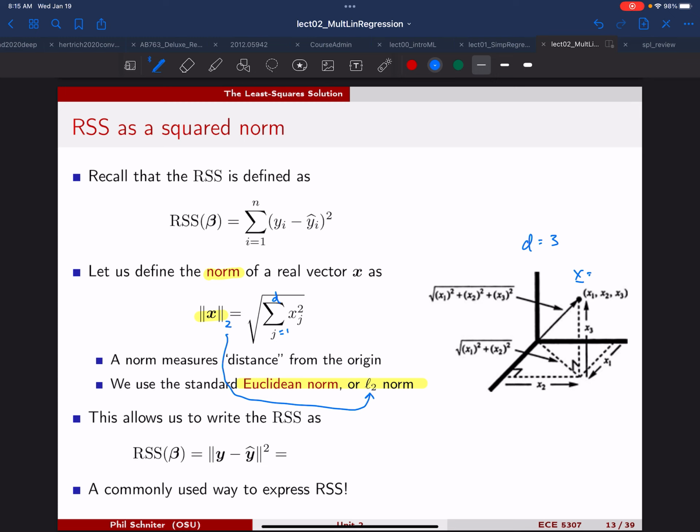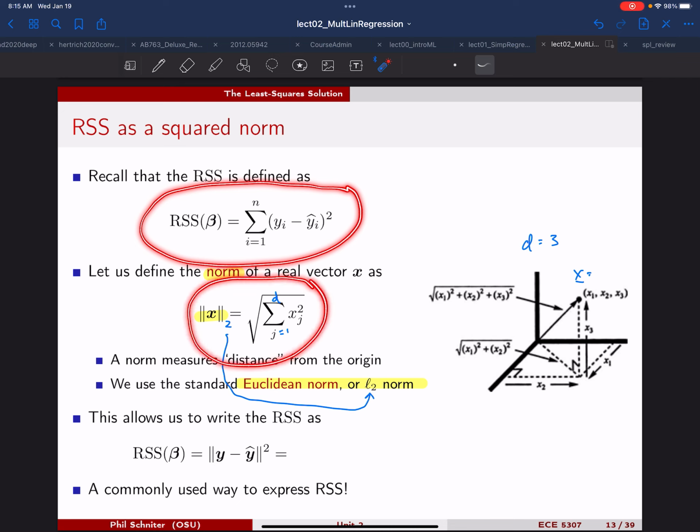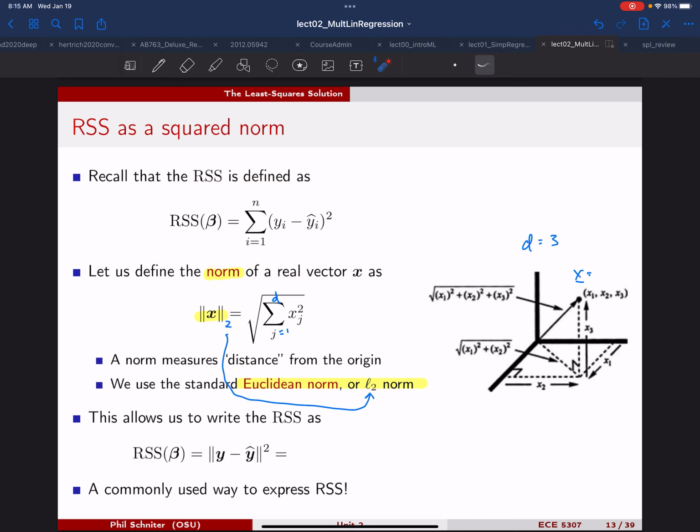Okay, so as you can see, now that we have this norm, when you look back at this expression here and compare it to the definition of the norm, it's very close, right? If I just square the norm here, which gets rid of the square root, then it has this sum of squares. And so what we can recognize is that this RSS is the squared norm between the vector y and the vector y hat. Is that making sense from the definition of the norm?